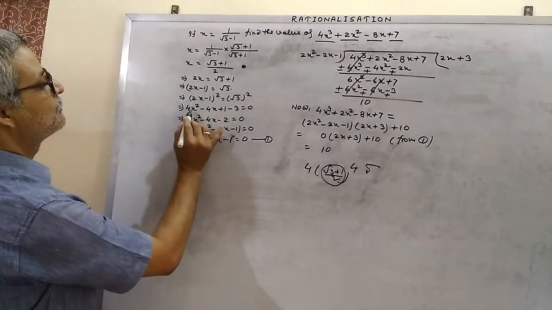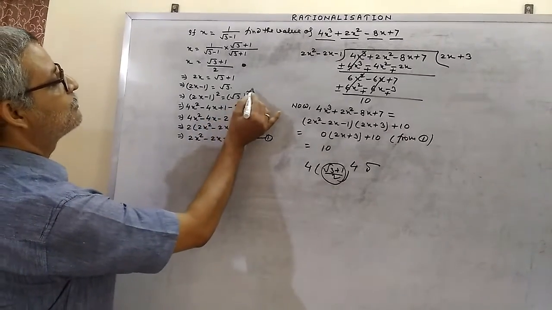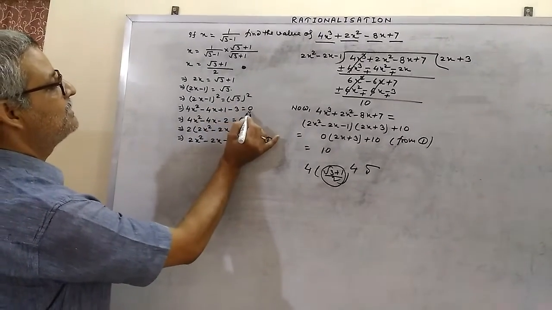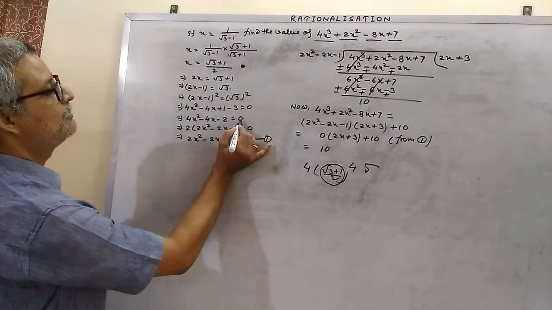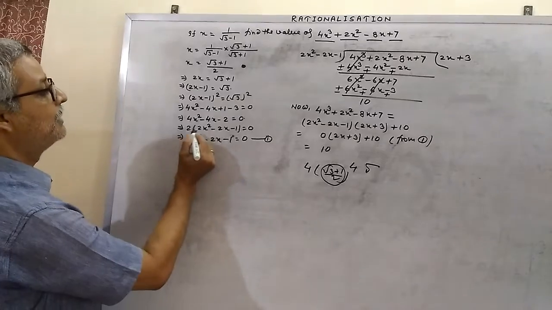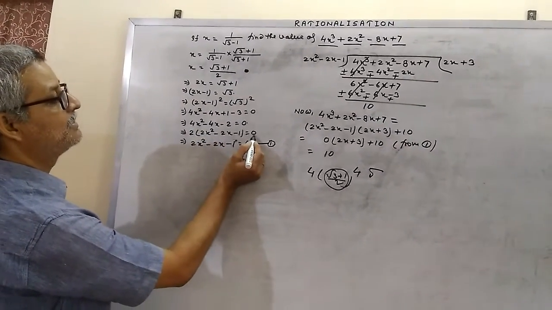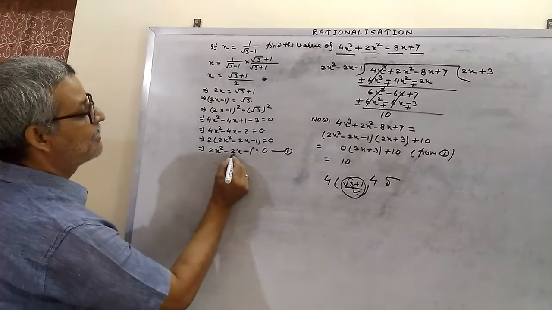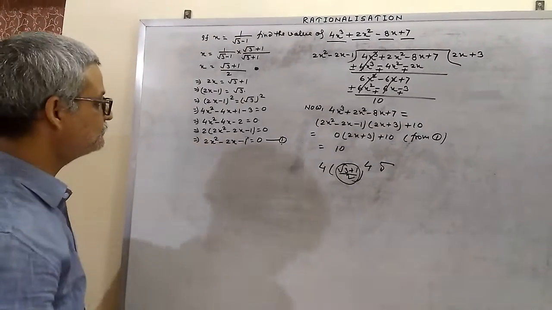A minus b whole square is a square minus 2ab plus b square, and root 3 square is 3; shift it to this side, so minus 3 is equal to 0. So it becomes 4x square minus 4x minus 2 is equal to 0. 2 is common, so 2 bracket 2x square minus 2x minus 1 is equal to 0. So 2x square minus 2x minus 1 is equal to 0, that is equation number 1.